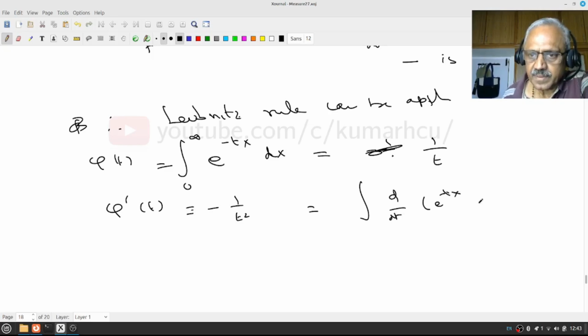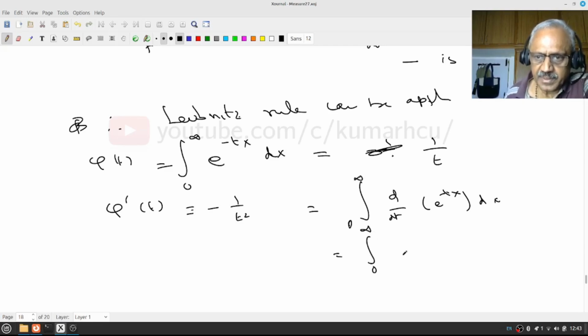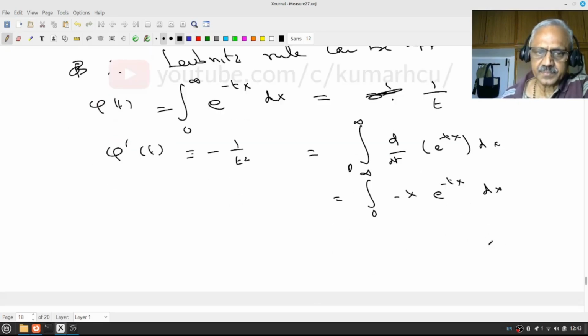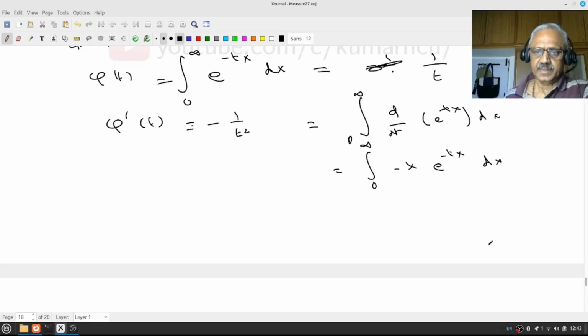But this d by dt is again 0 to infinity of minus x into e power minus tx dx. Right?